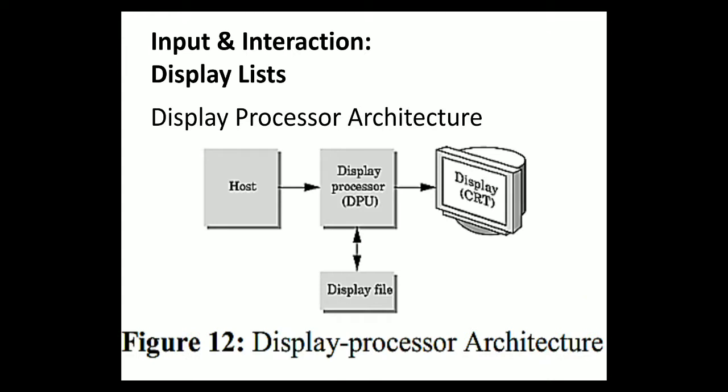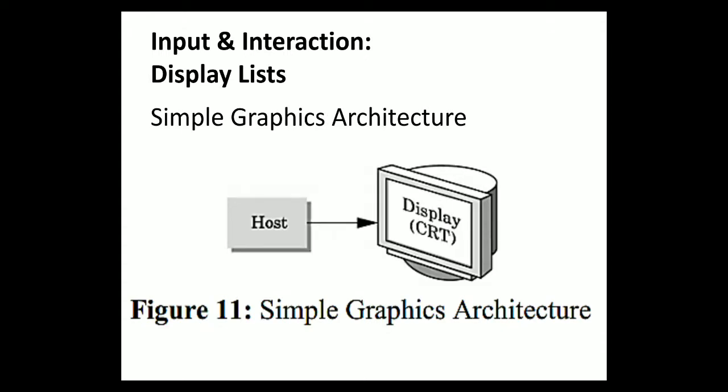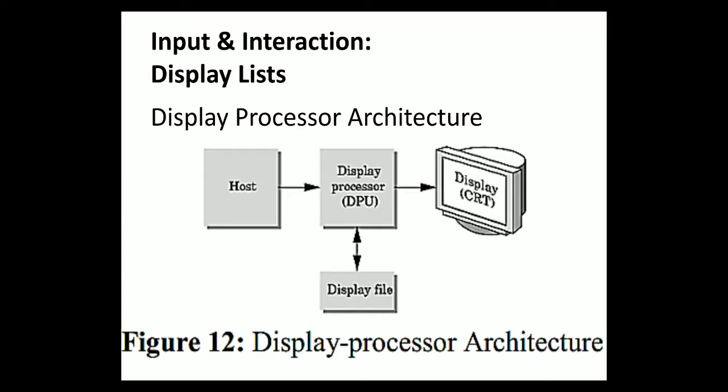As you can see here, the difference between the two architectures is that there is an additional component. Now, they introduced a display processor which is responsible only for the display. Whatever needs to be displayed on the monitor will be processed only by the display processor. In case you need to retain something for future use, we can make use of a display file.